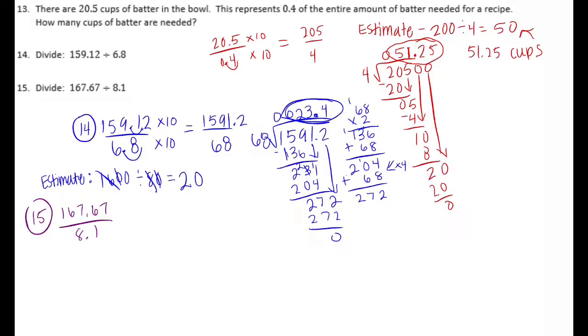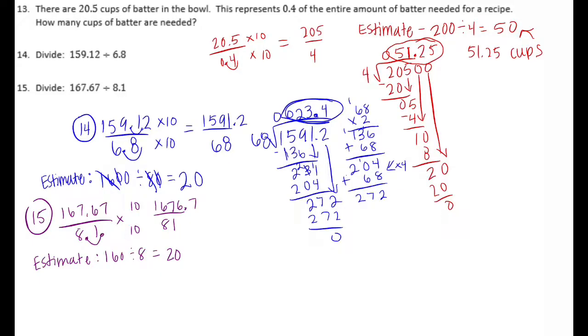So my estimate, I'm going to do 160 divided by 8, which would be equal to 20. And then for my whole number divisor, I need to multiply by 10. So we get 81 and 1,676 7/10.